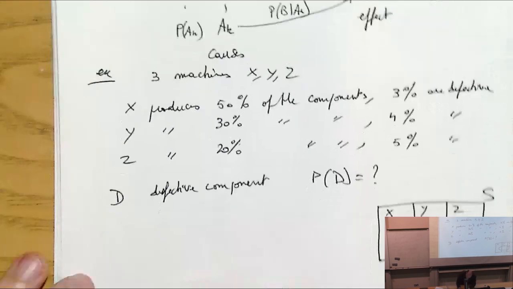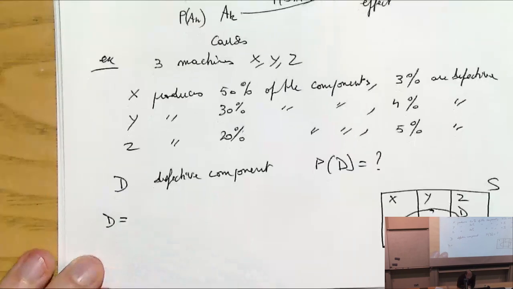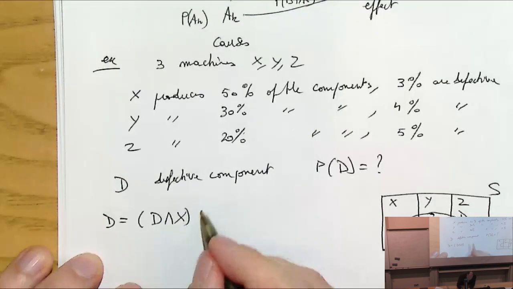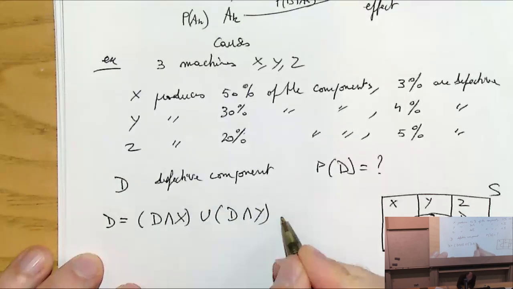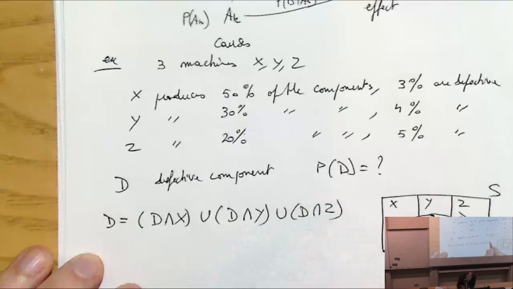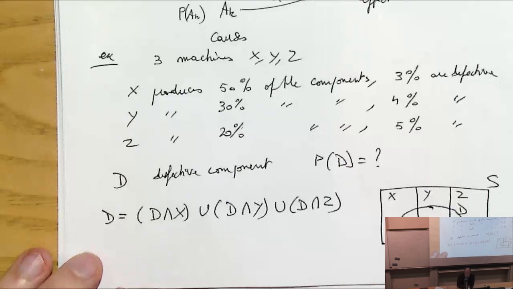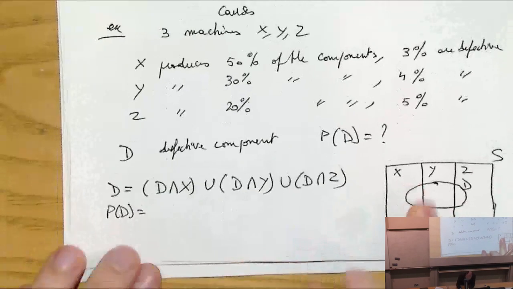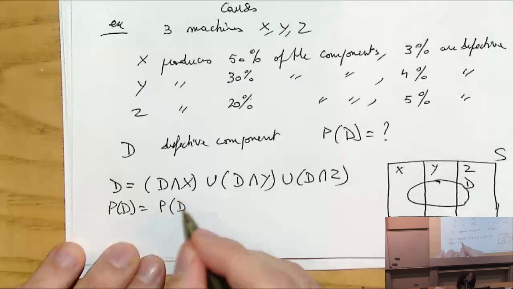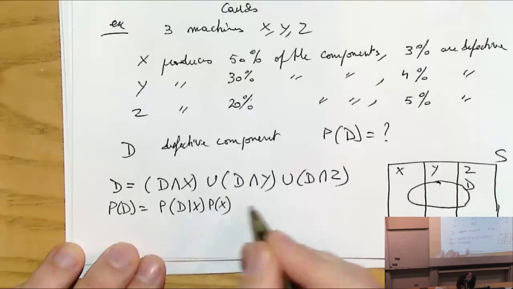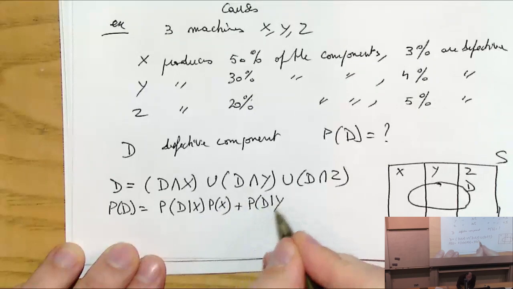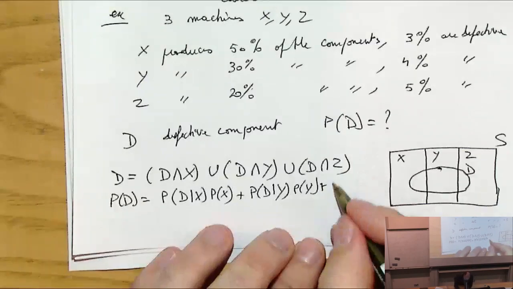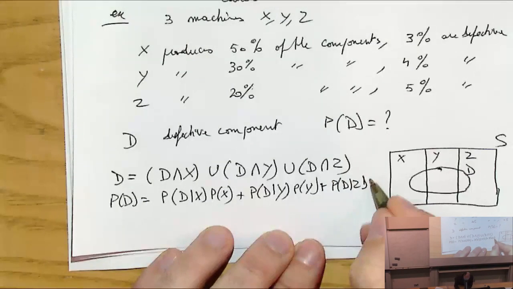I can say if I have a defective element, it's either defective and produced by X, or defective and produced by Y, or defective and produced by Z. Right? So the probability of this occurring is the probability of D given X multiplied by P of X, plus the probability of D given Y multiplied by P of Y. Can you still read? Yes. And the probability of D given Z multiplied by P of Z.